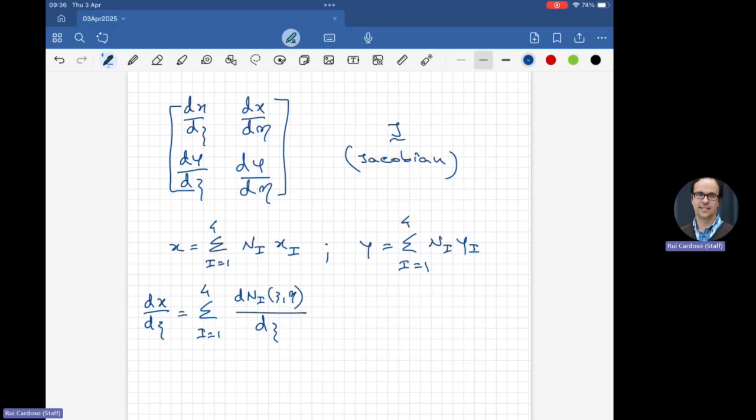I need to differentiate with respect to xi, multiplied by the coordinates of the nodes, and I get my derivative. This is super easy to implement on a computer in MATLAB, right? For the summation you just do a for loop from 1 to 4, and you multiply the shape function derivative by the coordinates of the node, and you get this derivative. Yeah, we're going to do that. Same thing for y.